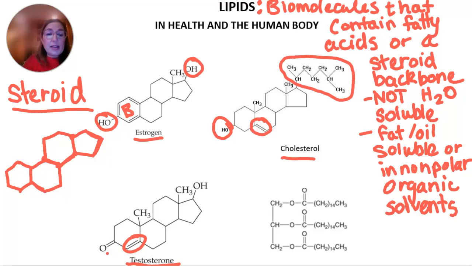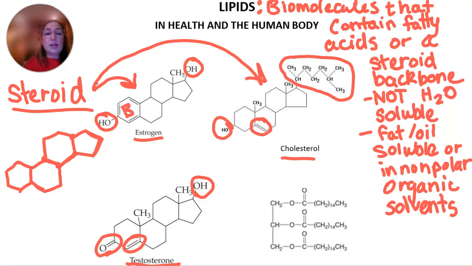Testosterone has a carbonyl, C double bond O, a ketone in that very first ring, that very first hexagon. And then in the pentagon, it's got an OH coming off of it, just like estrogen has its OH coming off the top of the pentagon. So they have quite a bit in common. We're seeing that steroid backbone in these 3 molecules: estrogen, cholesterol, and testosterone.